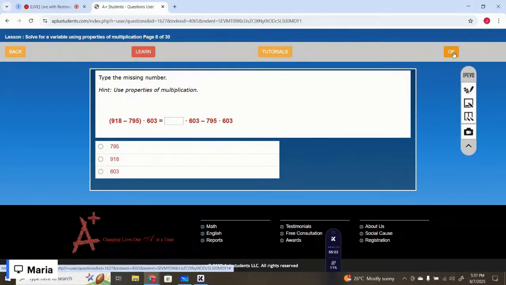So that is the distributive property over subtraction. So 603 times 795. So 603 times 918. The missing one is 918.